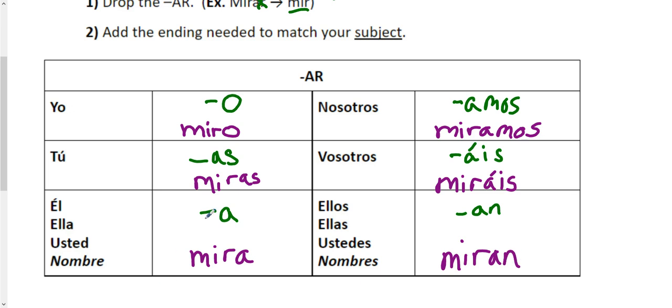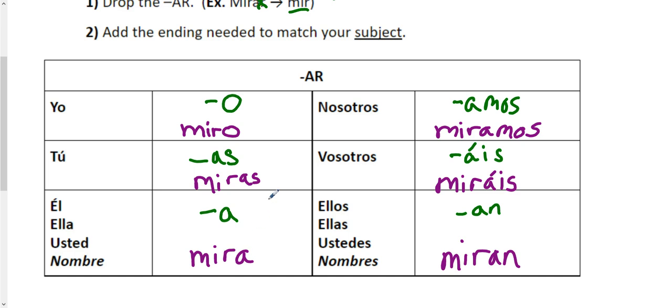Okay? So my endings are o, as, a, amos, áis, and an. Okay? You may want to box them or something so you know that the other is just the example if you didn't color code like I did.